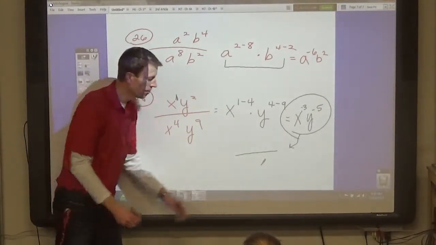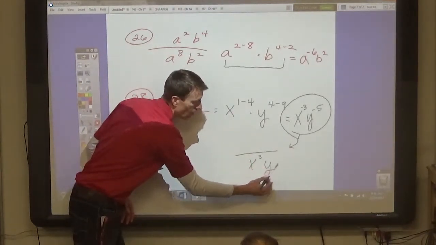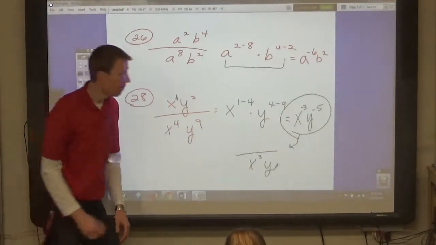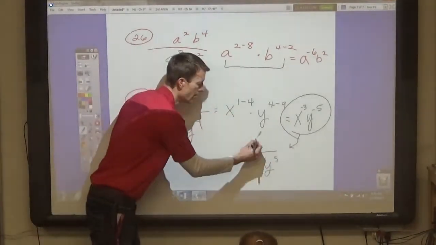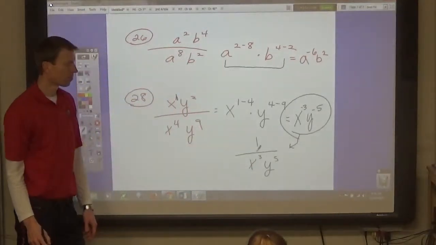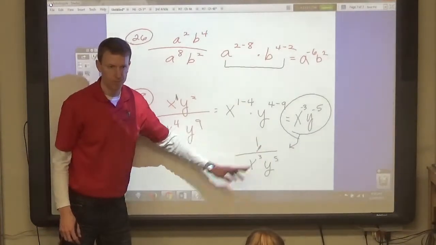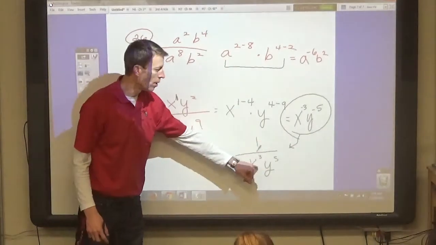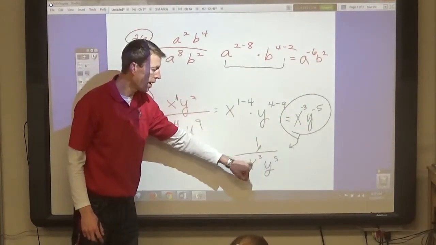Oh, x to the third on the bottom. Yep. And y to the fifth power, and what would we write on the top line? 1. Yep. These are equal, aren't they? Yeah. So we can write it with negative exponents, or we can write it as a fraction.